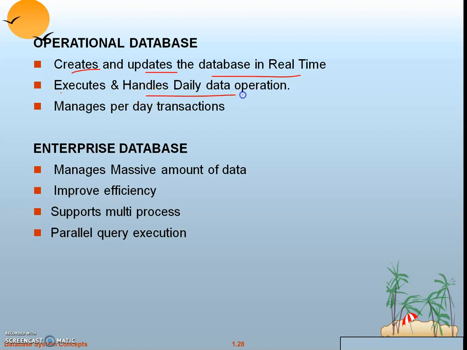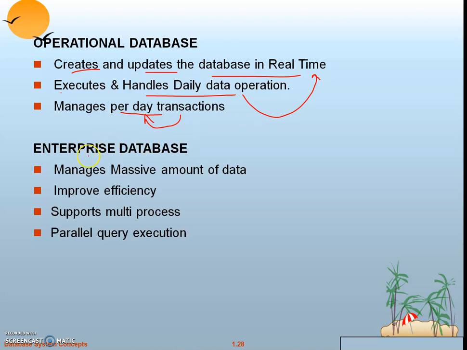All the operations are finalized on a daily basis, and it also manages the transactions that happen each day. The best example I can give is your supermarkets. They maintain their own operational database where they update the data regularly with respect to products sold or bought, daily profits and amounts, etc.